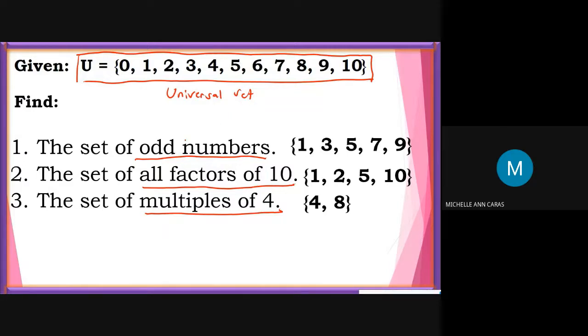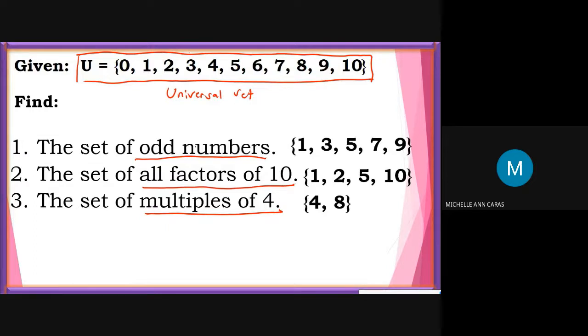As we all know, the set of odd numbers, the set of all factors of 10, and the set of multiples of 4 were taken from our universal set, with the elements 0, 1, 2, 3, 4, 5, 6, 7, 8, 9, 10. They are part of our set U, because that is where we got their values.